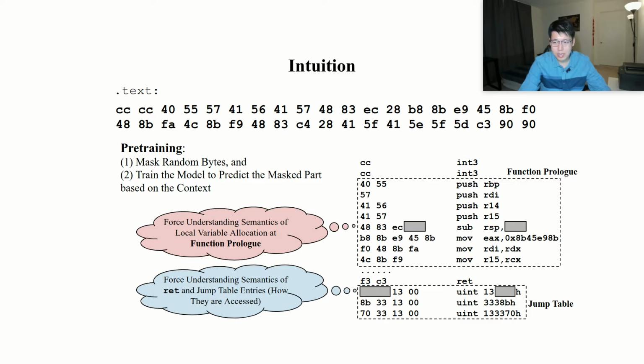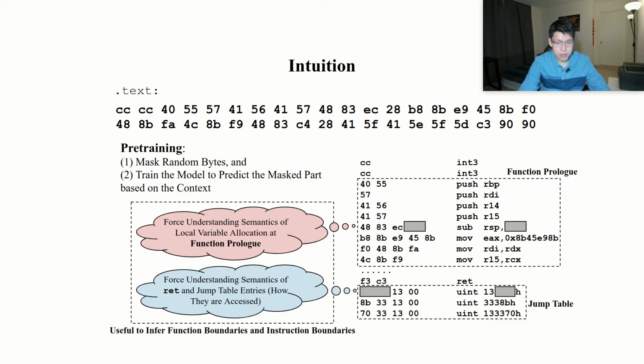Specifically, it has to understand the semantics of return instructions, which likely remarks the function end, and how jump table entry is accessed in the context in order to infer the correct value and eliminate other potentially correct instructions. Such scenarios that naturally occur in predicting randomly masked bytes altogether teach the model a powerful general understanding of machine code semantics that helps disassembly.